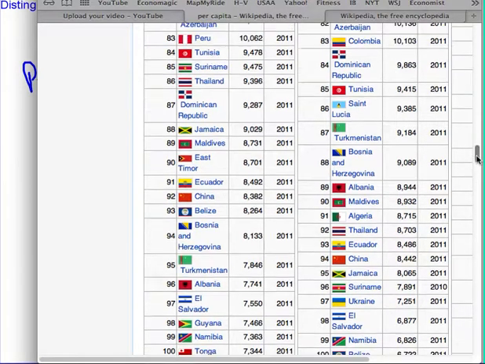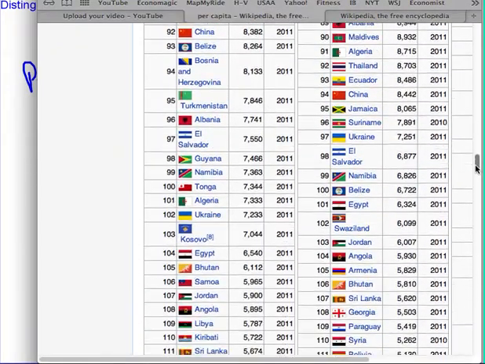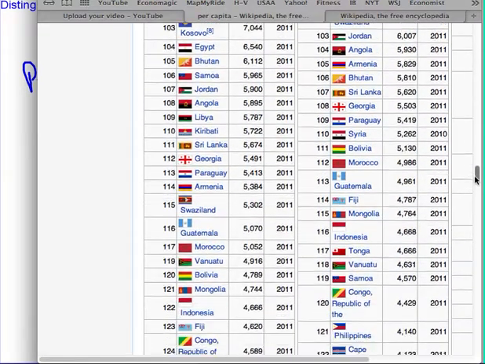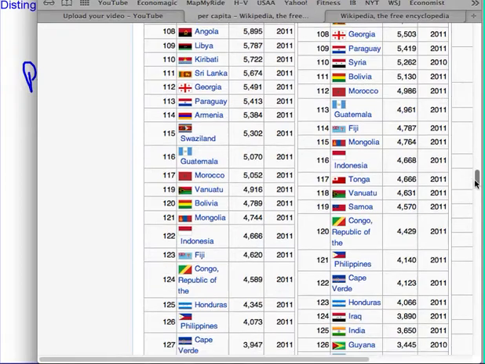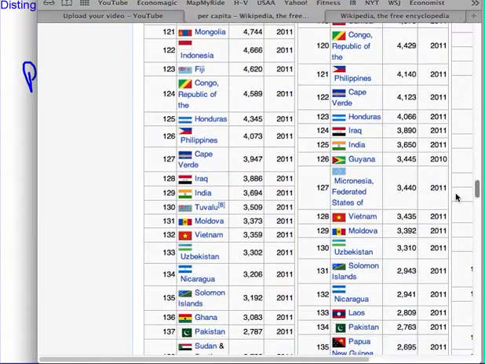We still haven't seen India. And again, India's got a population of right around 1 billion. So we can keep coming down. Jordan, Libya, Georgia. I forget where India was. Oh, there we go. Here's India at $3,694. So it's the third biggest economy in the world, but when you break it down per person, they rank 129th.